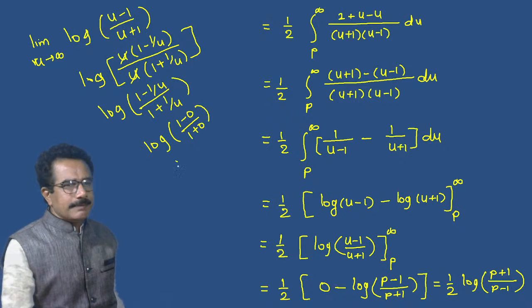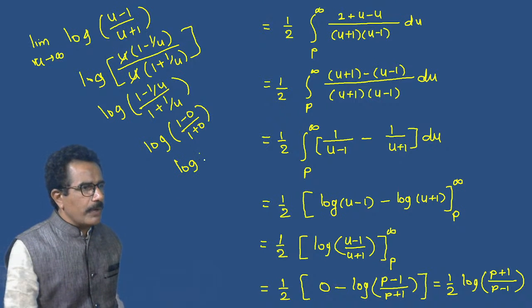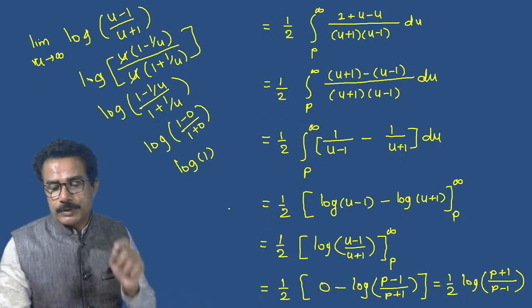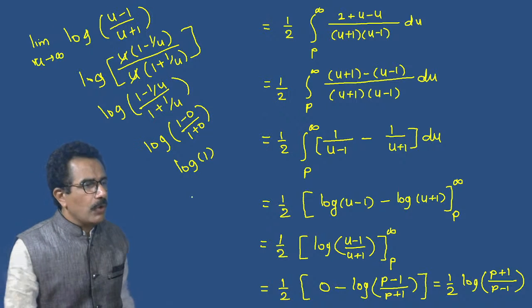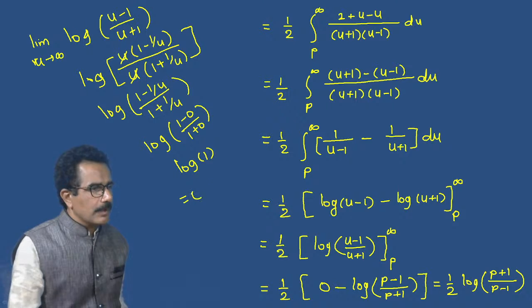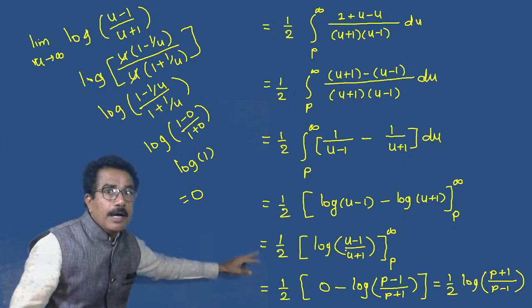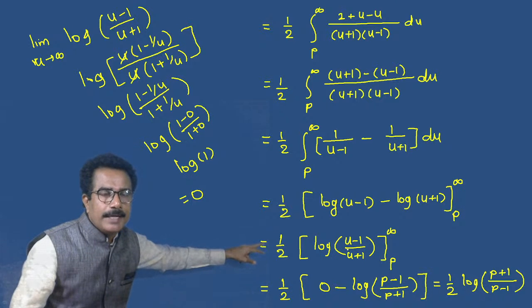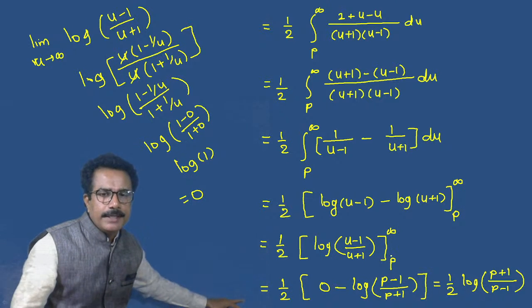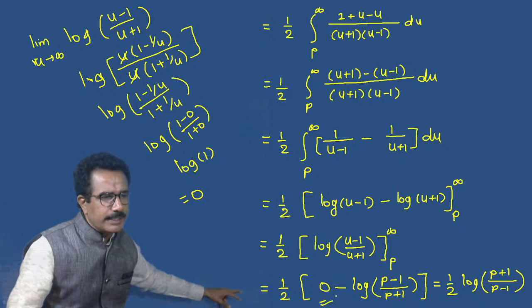So we can write here log 1. Now you tell me, student, what is the value of log 1? Log 1 is 0. So we have taken directly the value of the upper limit when u is equal to infinity as 0.